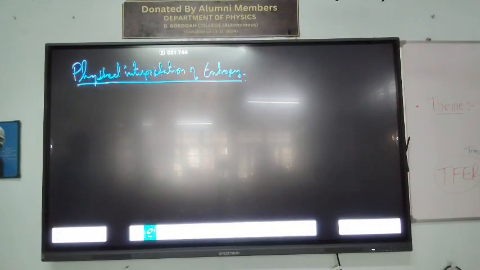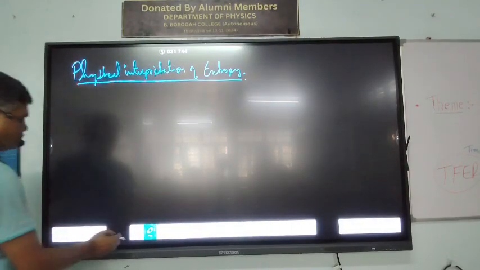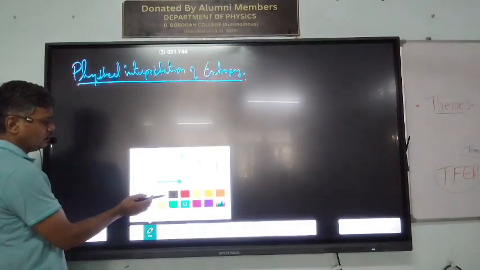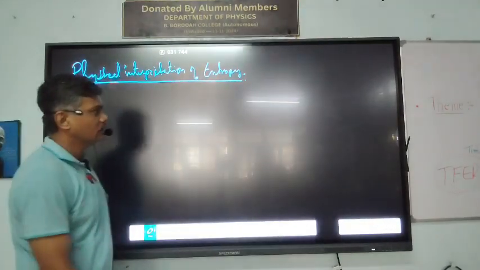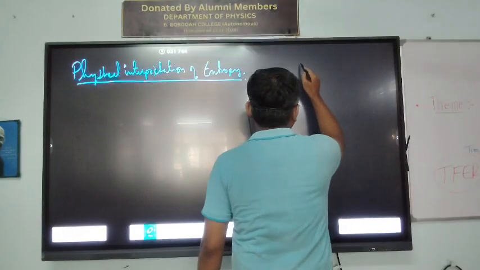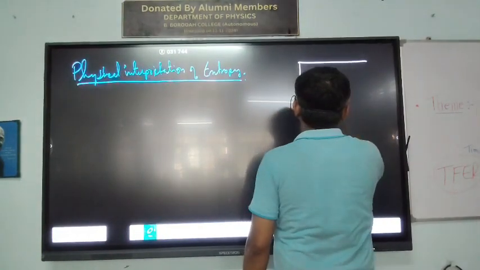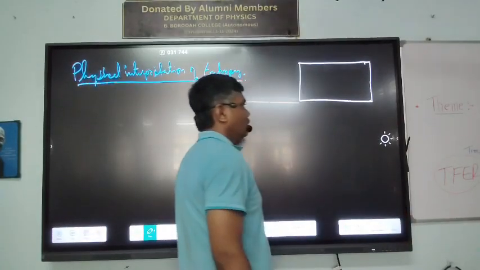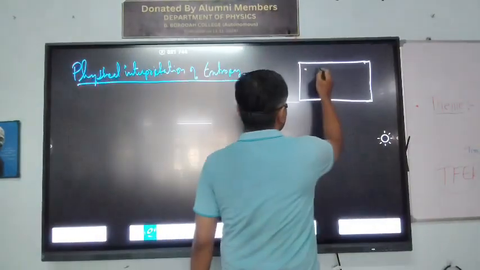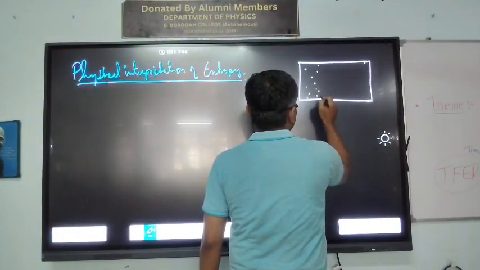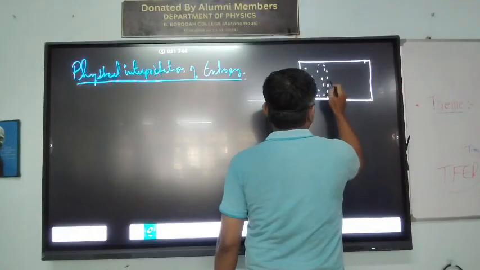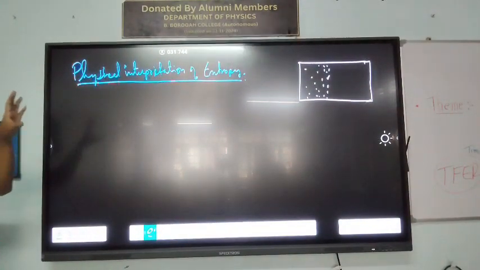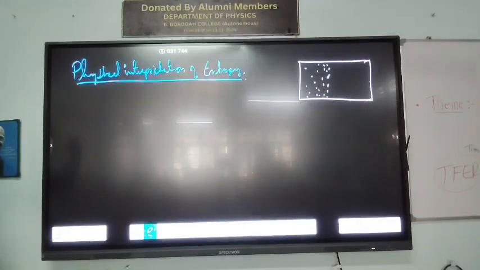To understand this, let me consider a cylinder having some gases. Now this physical interpretation of entropy was given by Boltzmann.